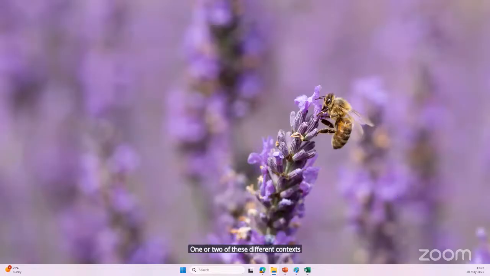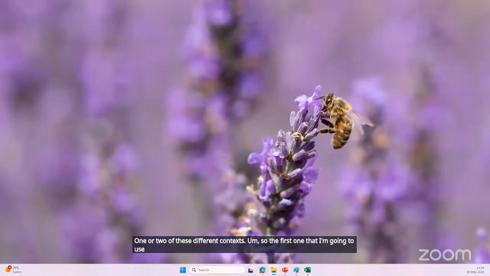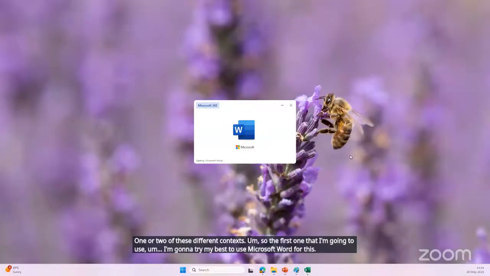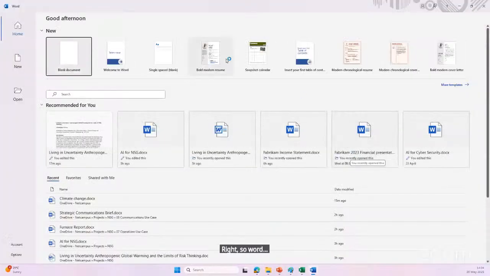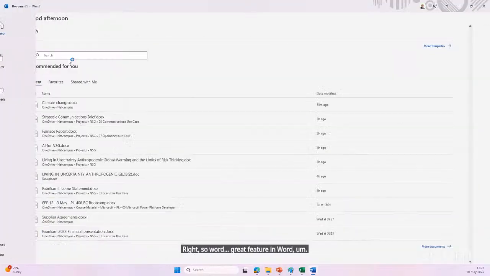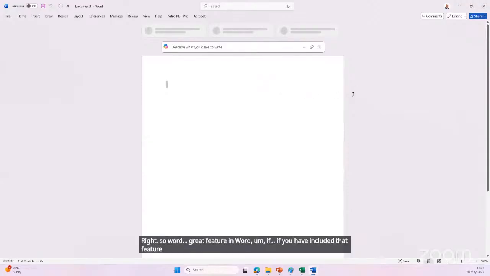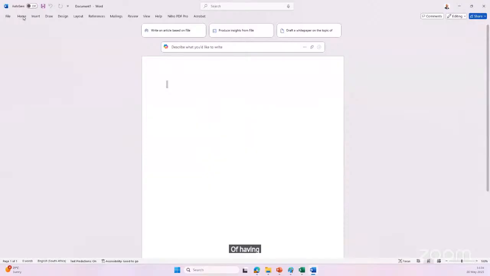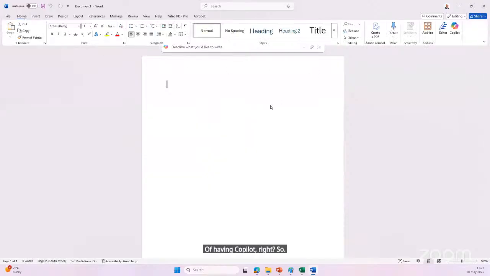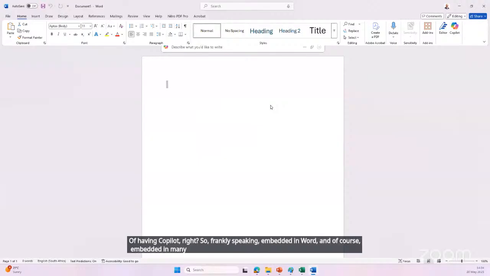So the first one that I'm going to use, I'm going to try my best to use Microsoft Word for this. All right. So Word, great feature in Word, if you have included that feature, of course, is the idea of having Copilot, embedded in Word and of course embedded in many Microsoft tools.